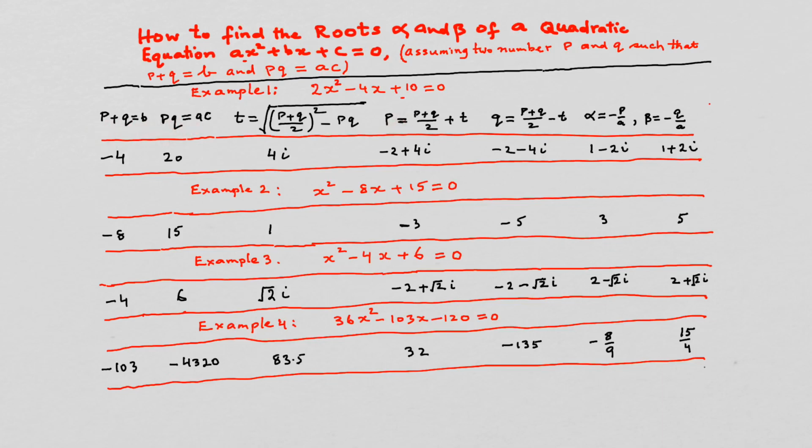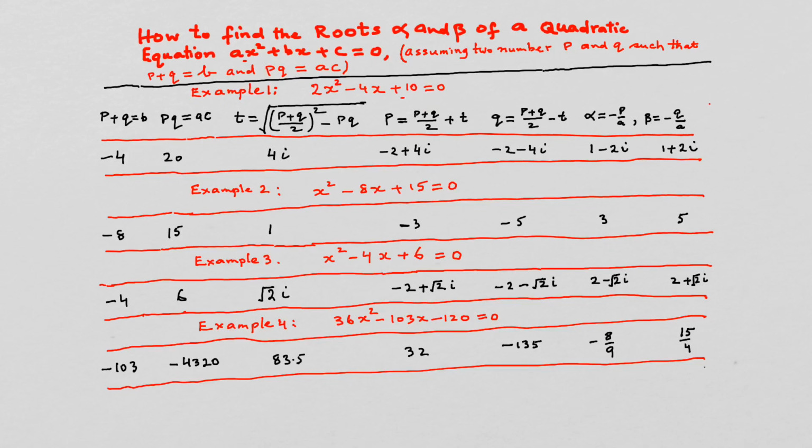So here p is found as minus 2 plus 4i using this expression. Q is similarly found as minus 2 minus 4i using this expression for q. Alpha is equal to minus p over a and beta is equal to minus q over a. These values are found to be these, and these are the final roots for the equation shown here.